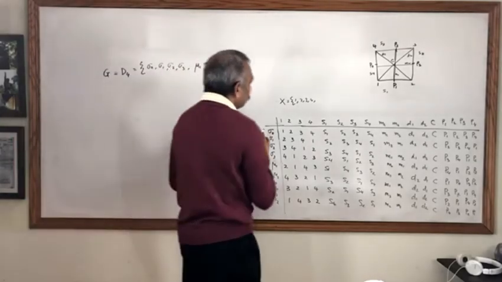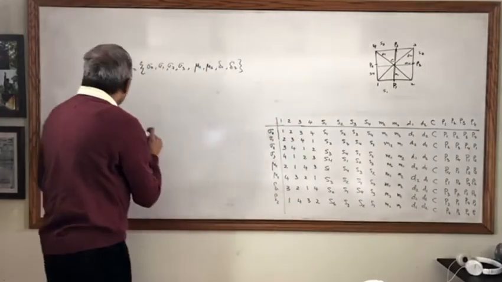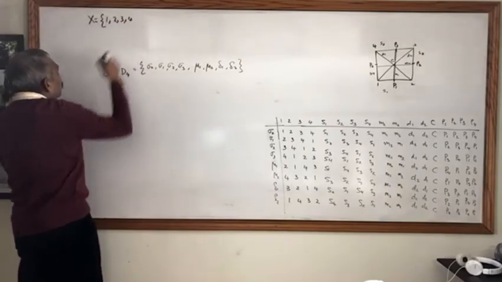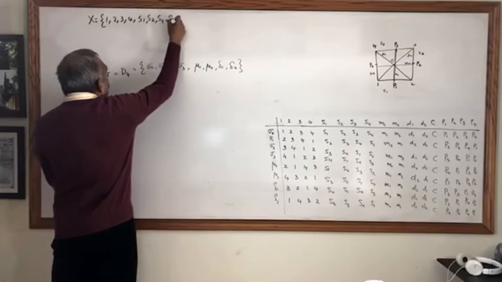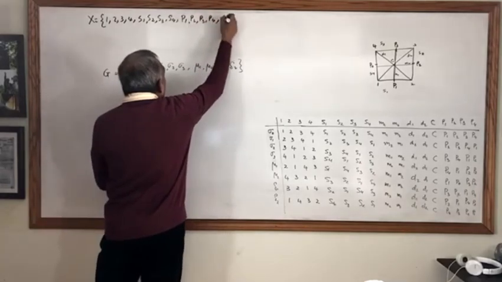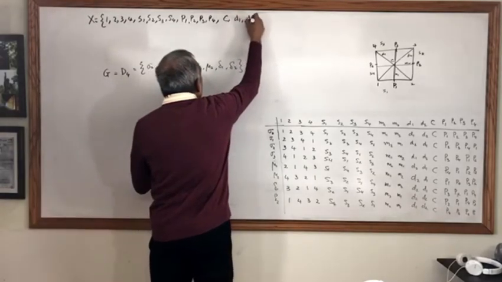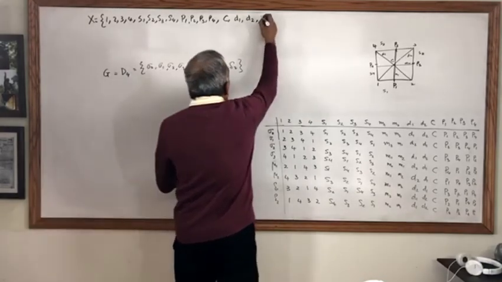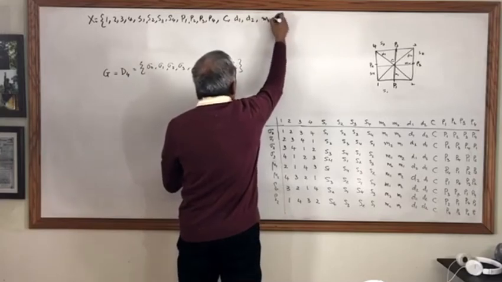Then I will write it a little towards this side. Our X is 1, 2, 3, 4, those are the vertices, and we have sides and midpoints of sides and center of the square and two diagonals and one horizontal division, that is, vertical is M1 and horizontal is M2.